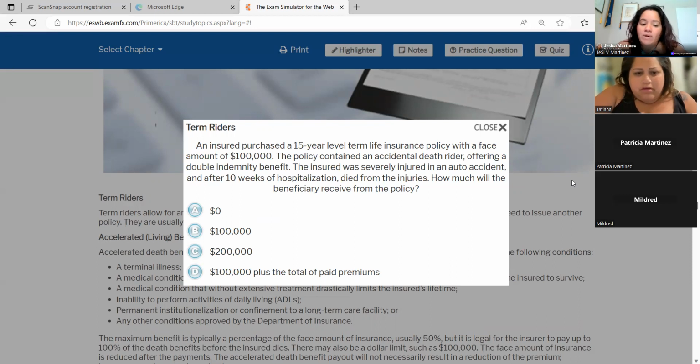A, 0, B, 100, C, 200, D, 100 plus the total of premiums paid. D? Let's see, the policy contained an accidental death rider offering a double indemnity benefit. The insured was severely injured. Oh, it's double. So that would be C.